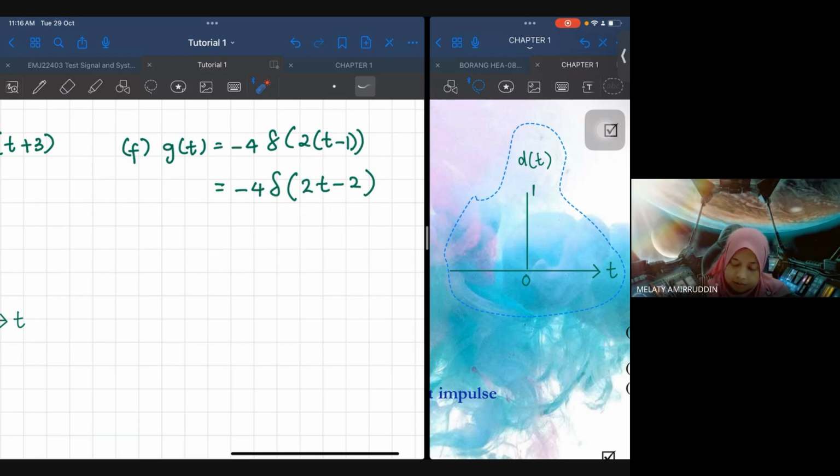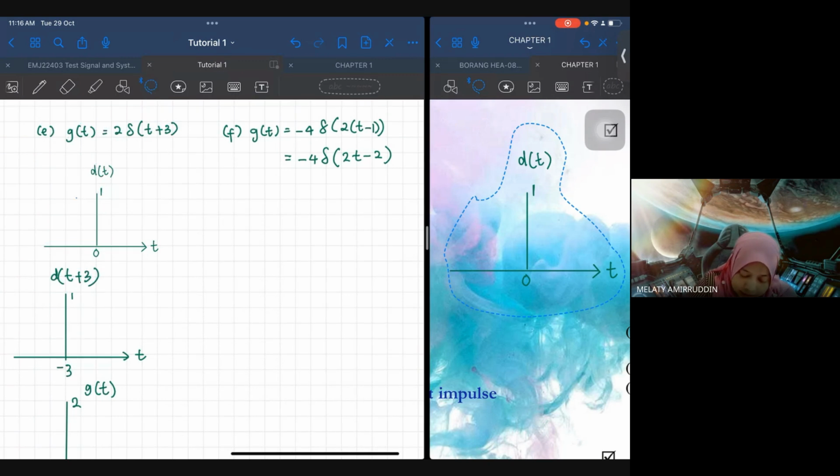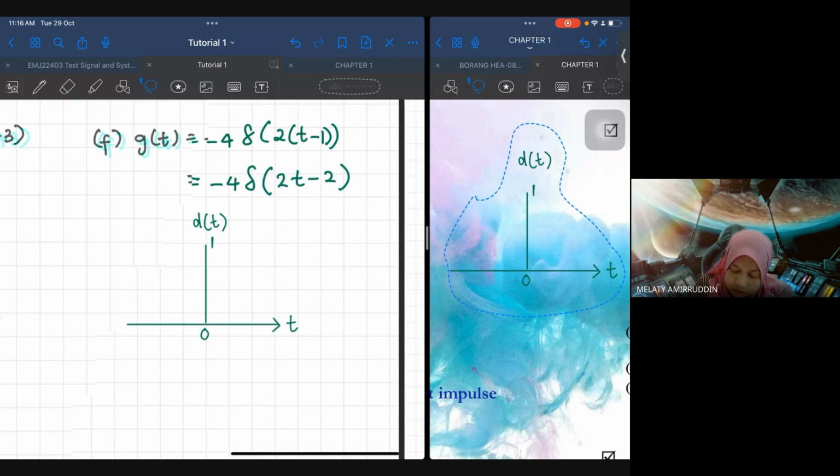Okay, I just copy the original signal. This is the original signal. Copy, paste. Okay, this is the original signal, p(t). And then we need to do shifting.